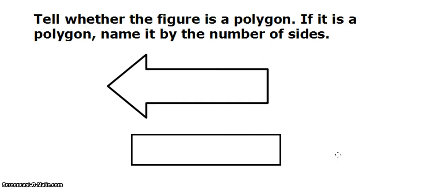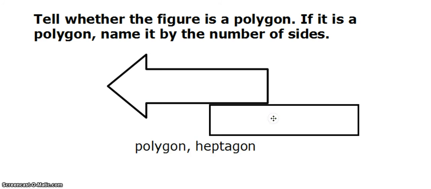Good. Is this a polygon? If it is, name it. Well, is it a closed figure formed by segments? Yes, it is a polygon. And how many sides does it have? 1, 2, 3, 4, 5, 6, 7. Okay, we will call this a heptagon.